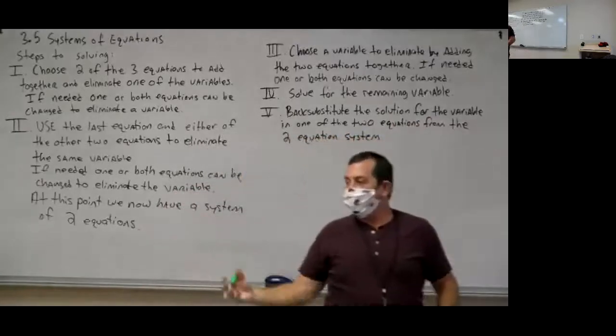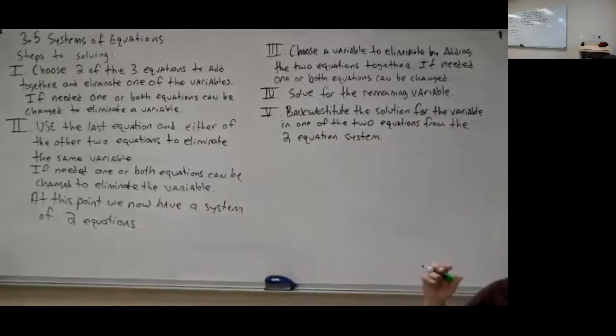So I have to substitute that one answer into an x or y or z that's in the two equation system. Solve that for that other variable. At that point, I now know what two of the solutions were.